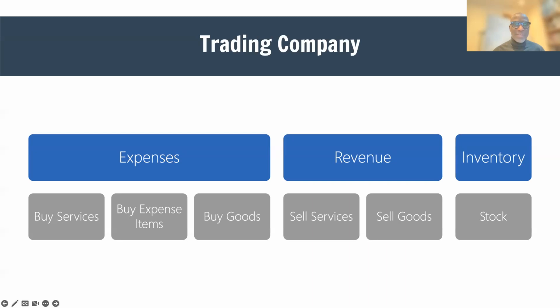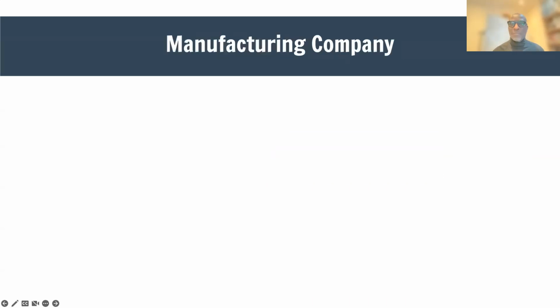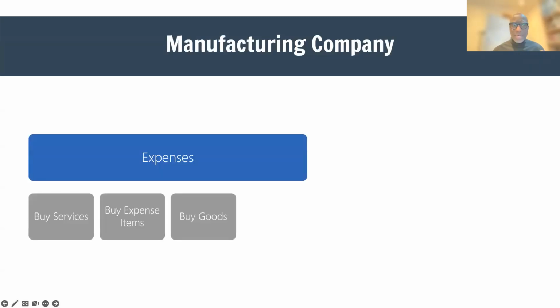And then you have a manufacturing company. Again, a similar kind of model, a bit more complicated, because now you can buy goods, you can buy expense items, you can buy services, but also you make those goods. And there are different rules when you're making goods, when you're in production, when you're in manufacturing.